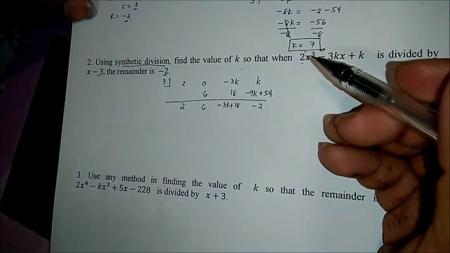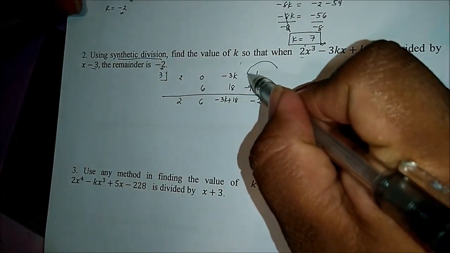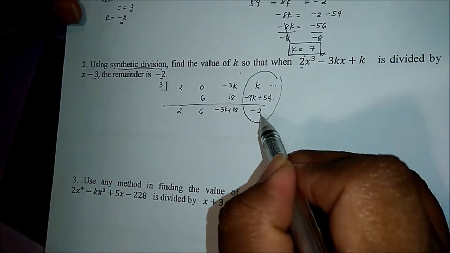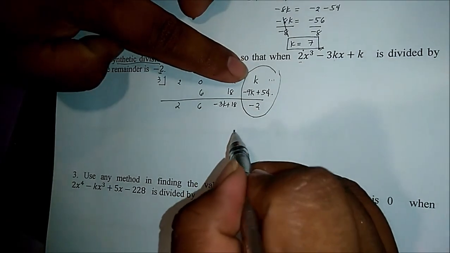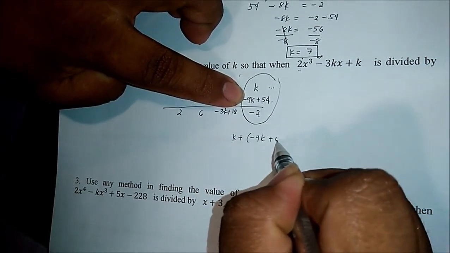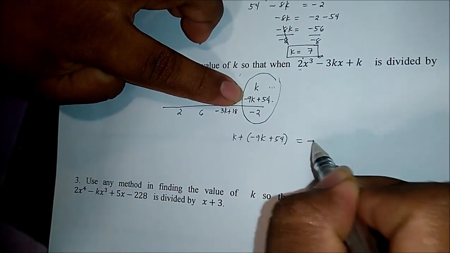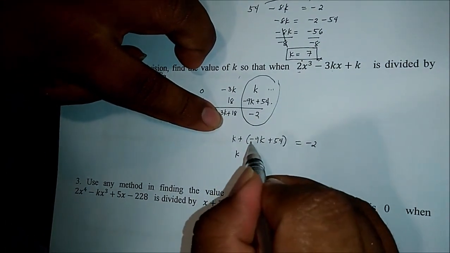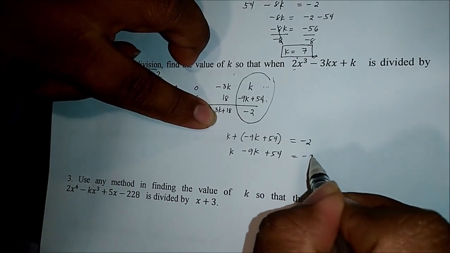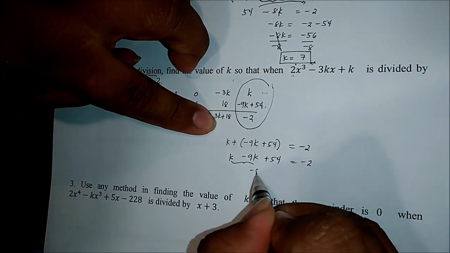Okay? Now, I'd like you to focus on the last column. This is the last column. So, pag in-add ko itong dalawa, that should be equal to negative 2. Thus, the equation: k plus negative 9k plus 54 is equal to negative 2. So, this is negative 8k.